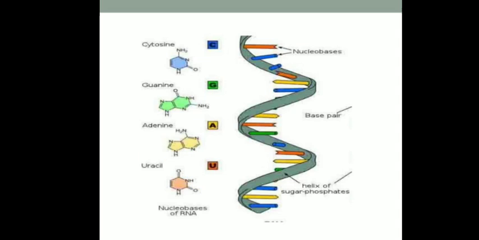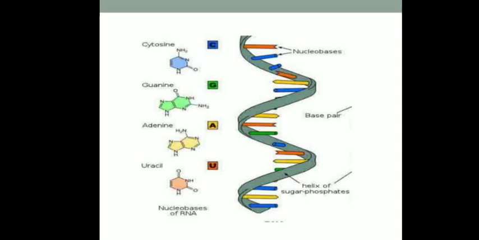In RNA, the purine to pyrimidine ratio is not equal, and RNA acts as a genetic material only in certain viruses.